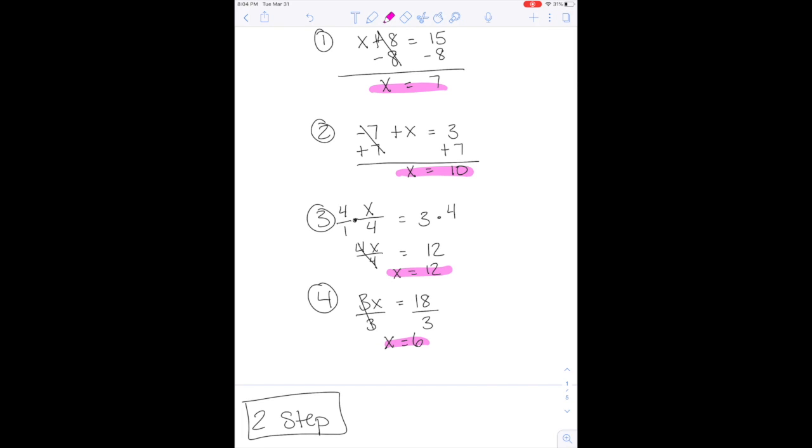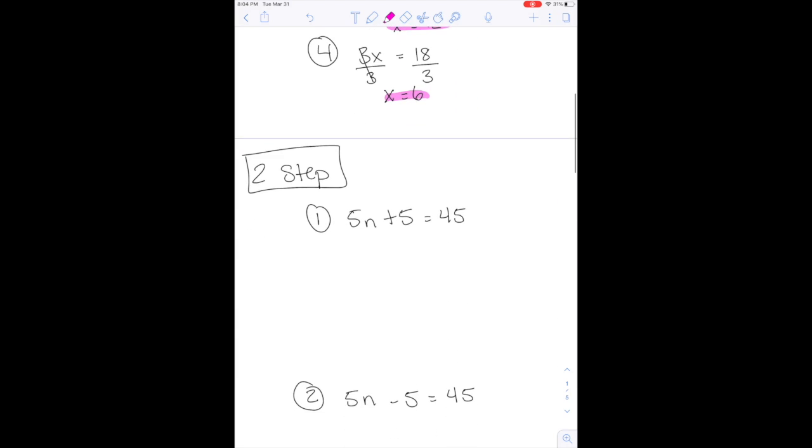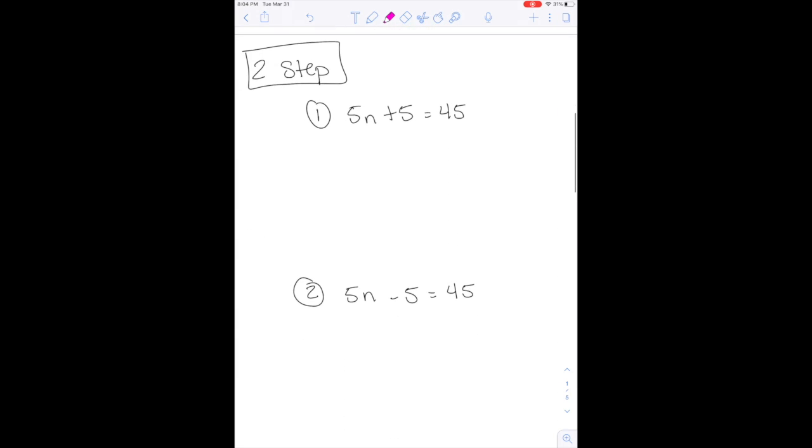Then we're going to move on to two-step equations. I'm going to do 2 different examples of two-step equations. So this first one, we have 5n plus 5 equals 45. So again, our goal always is to get the variable by itself. At this point, the variable is still connected to the 5, but we need to get rid of this 5 before we can do anything else.